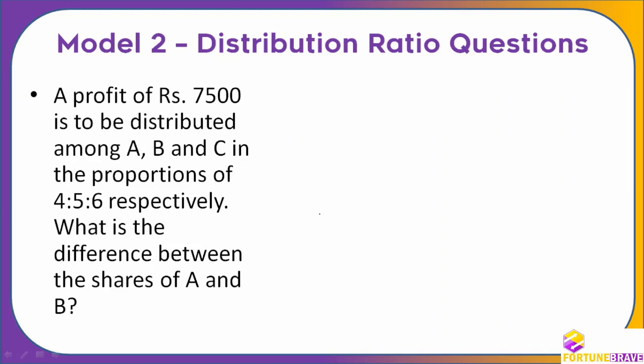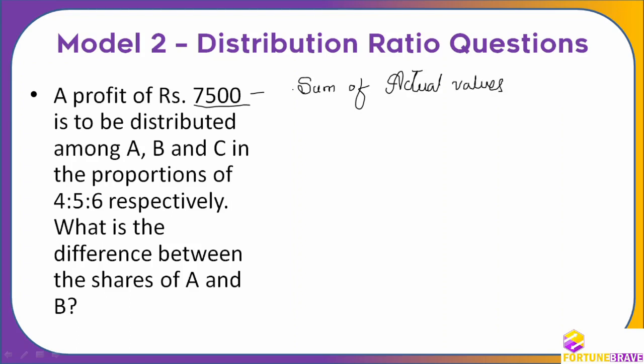Whenever an amount is distributed among 2 or 3 or 4 people, what does it mean? It means that the amount being distributed is the sum of the actual values.